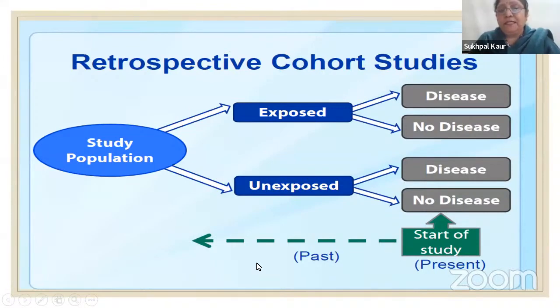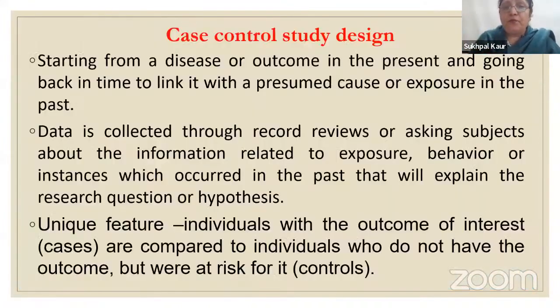So here we can see we are going backward, we are going into the past, and we are trying to identify the causes for the present thing which has happened now. So these are also called case control studies. They start from a disease or the outcome in the present and go back in time to link it with the presumed cause or the exposure in the past.